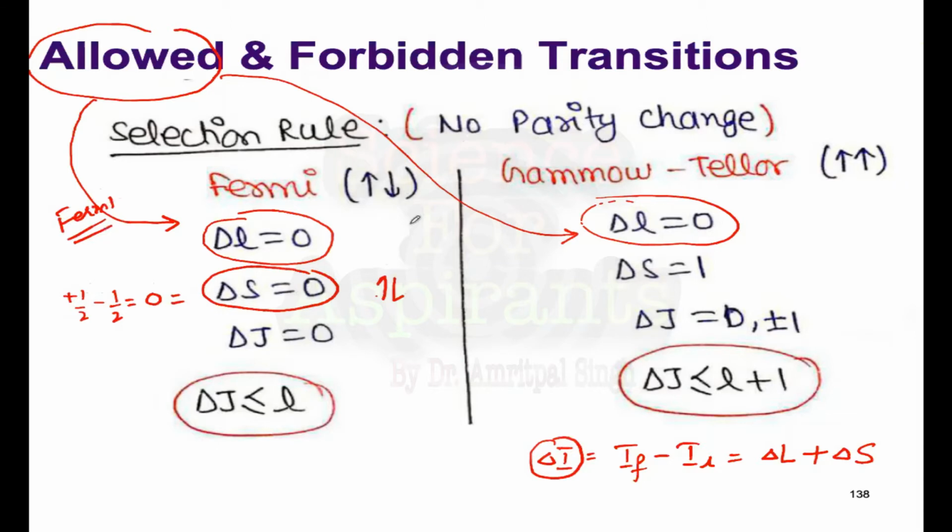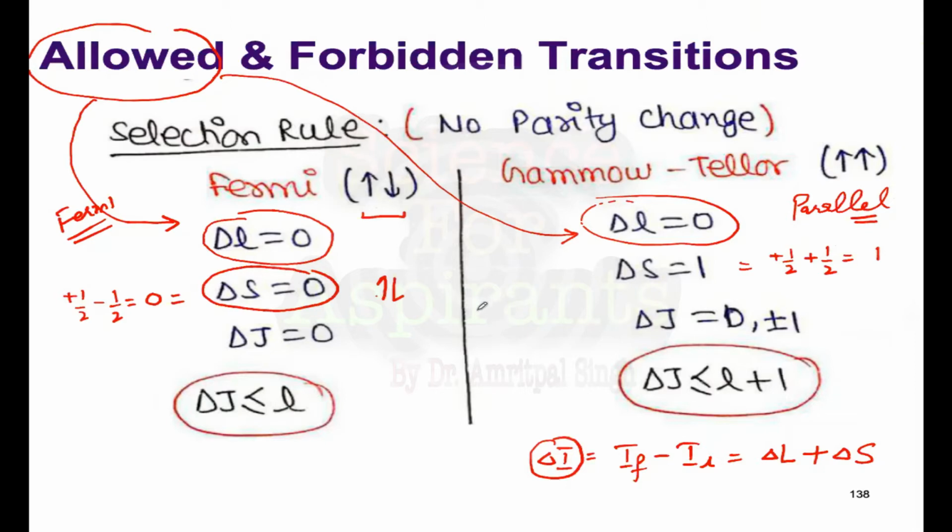Those transitions in which the emitted electron and anti-neutrino come out anti-parallel are governed by the Fermi rule. And if they come out parallel, suppose both having up spin, then the total delta S is equal to 1. This is known as the triplet state of transition.